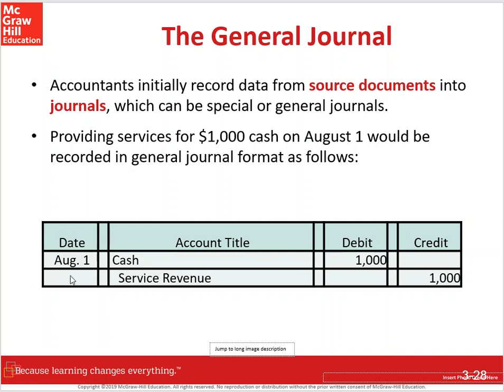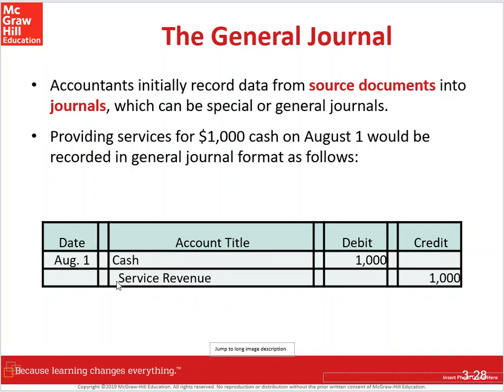But typically in the real world, it would start with the date. And then on the first line, you're going to put the account that you're going to debit. The debit account goes first. And then over to the right, in the first column, the debit column, we put the dollar amount that we're debiting.